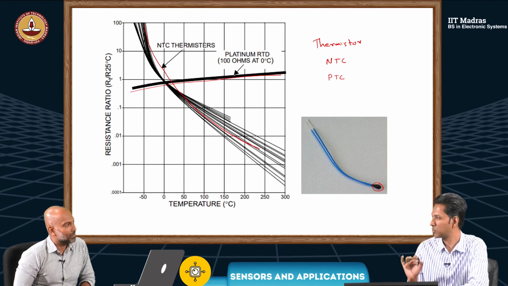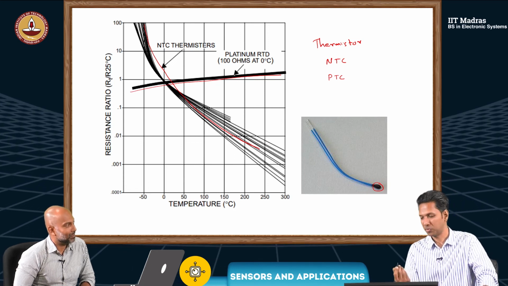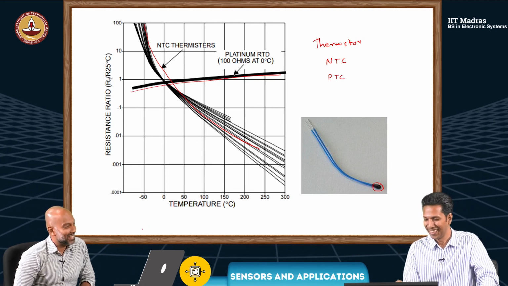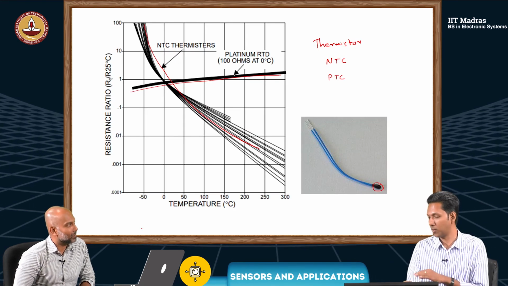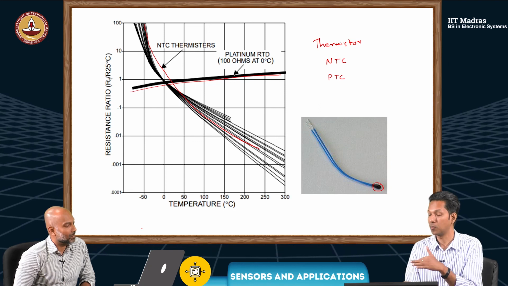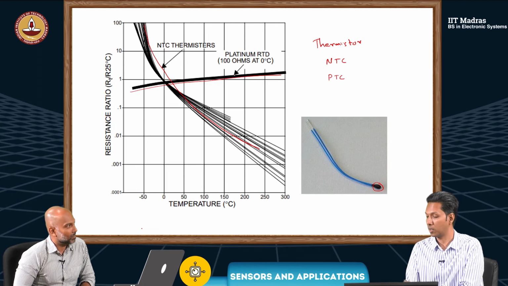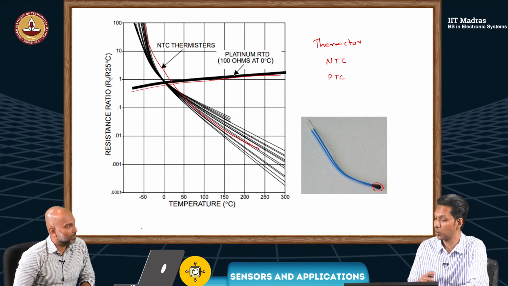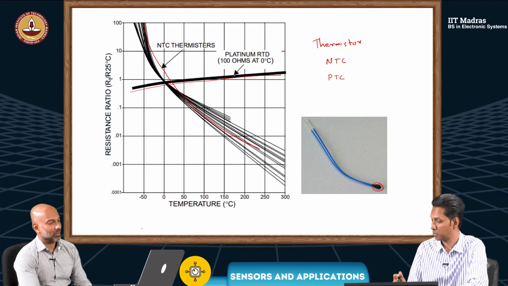It's just for information purposes. Of course, we may not ask questions based on that, but it gives some completeness for the thermistors. Just to mention, it's not just NTC, there is also PTC, positive temperature coefficient of resistance.